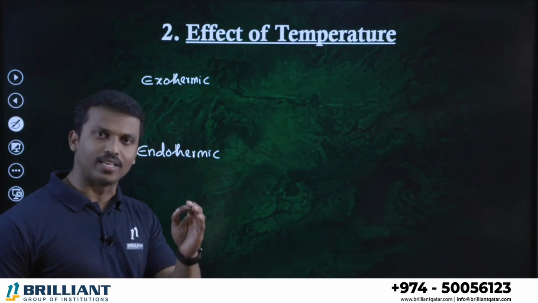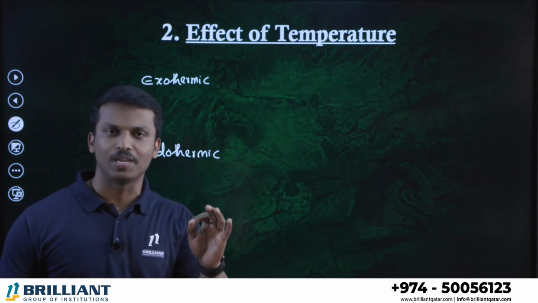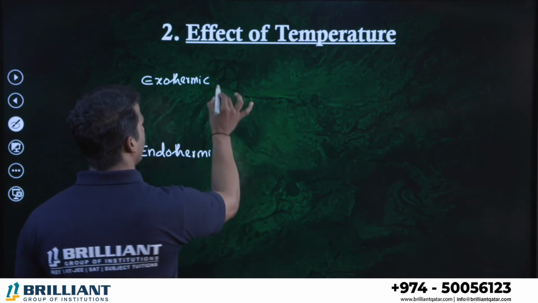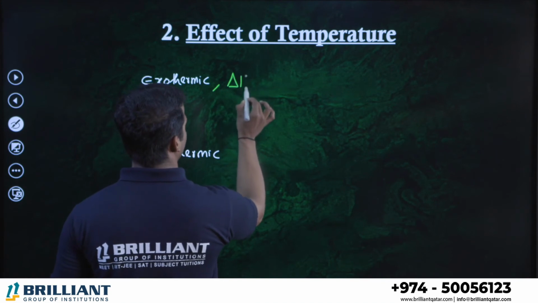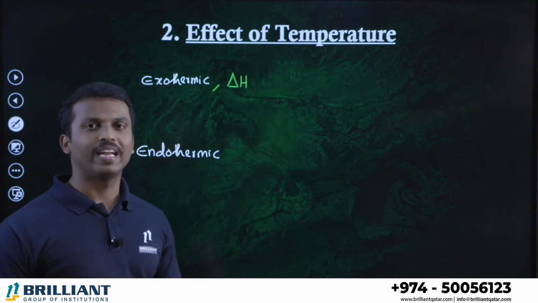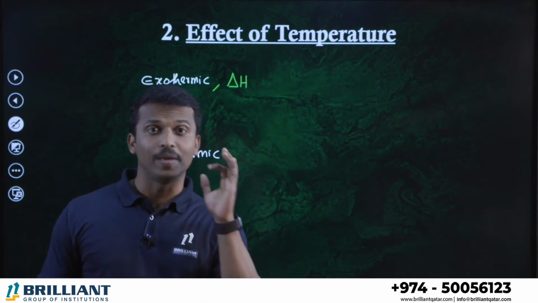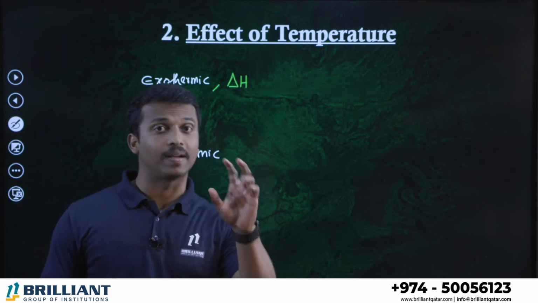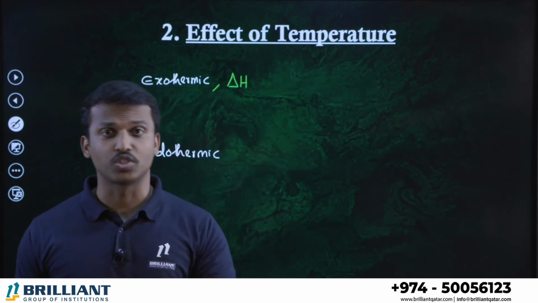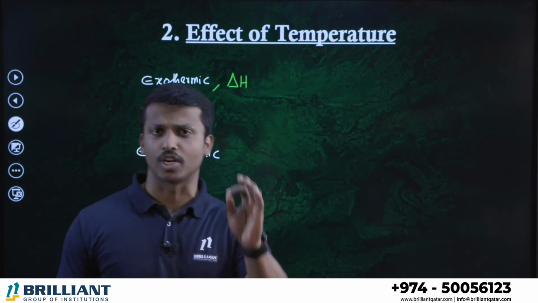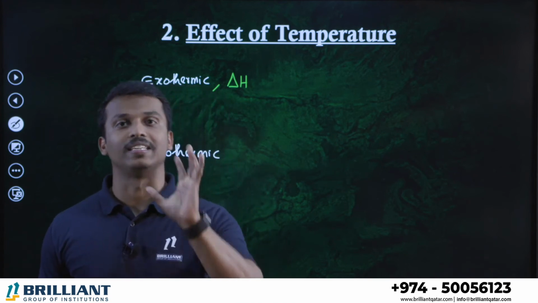Okay. How can we find whether the given reaction is exothermic or endothermic? Easy one, you don't worry. They will give you a value called delta H. What is meant by delta H? Change in enthalpy. H represents enthalpy, delta represents change. Delta H represents change in enthalpy, which represents the change in heat.